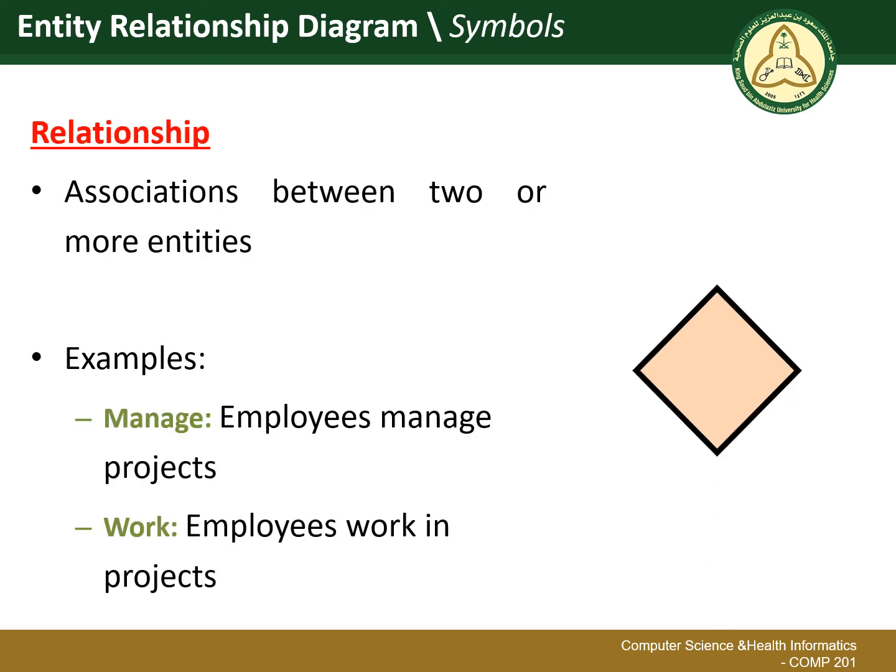The relationship, which are the links between the tables, are the associations between two or more entities, so they link the entities. For example, we can use the verb manage to make a relationship between the employees and the projects. The employees are one entity, and projects is another entity. To link them, we can use the verb manage to create a relationship between the two entities.